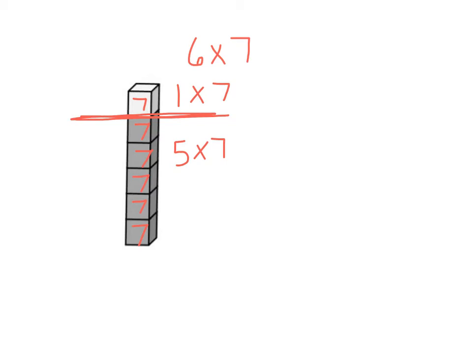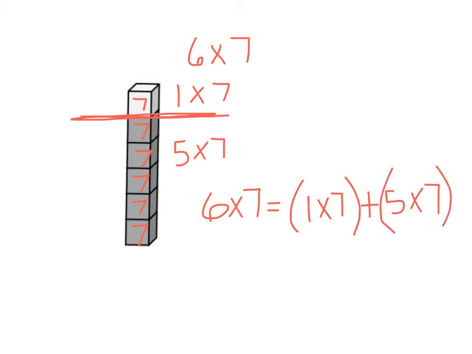If I wanted to write one long equation using the distributive property, I would write 6 times 7 equals, and I would place my 2 new multiplication problems in parentheses: 1 times 7 plus 5 times 7.